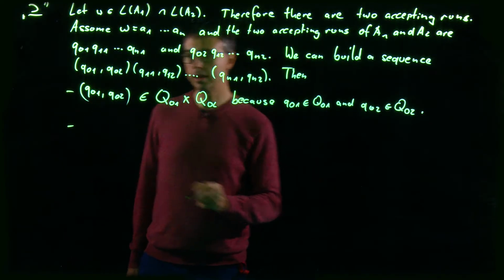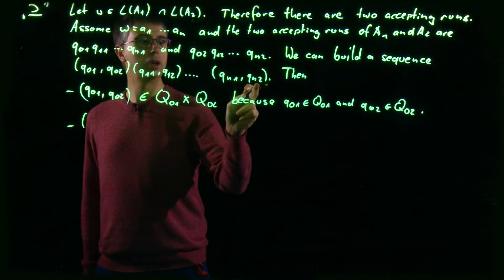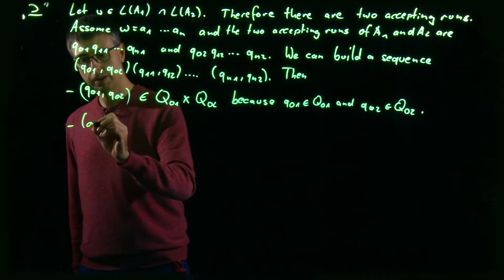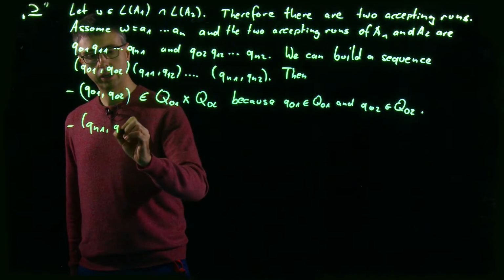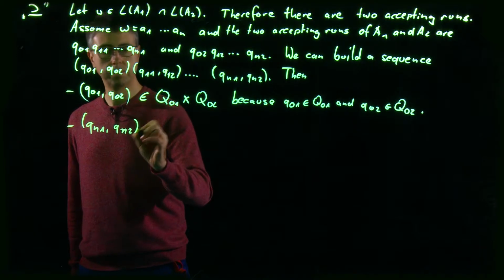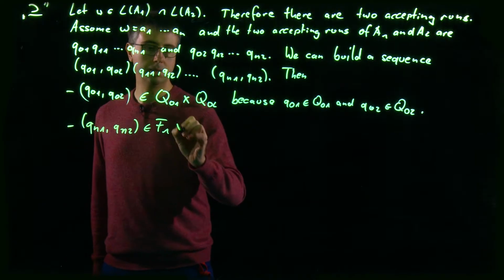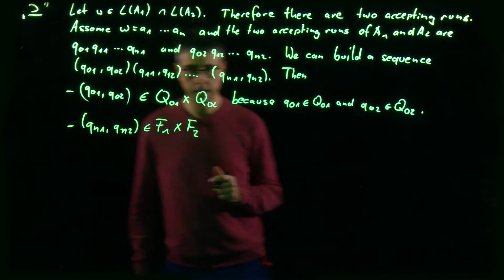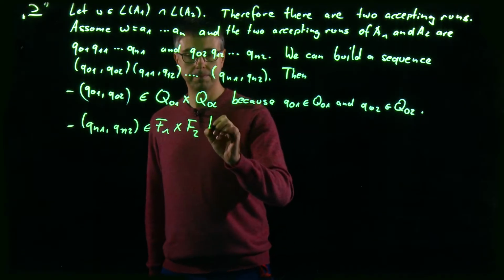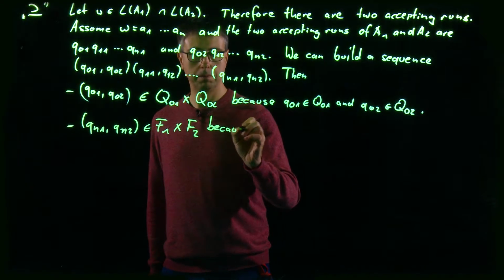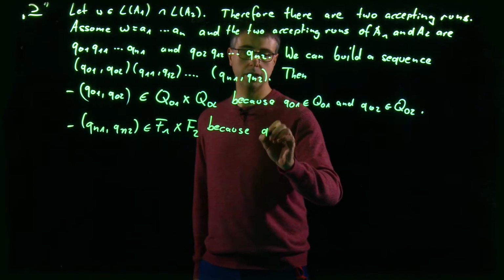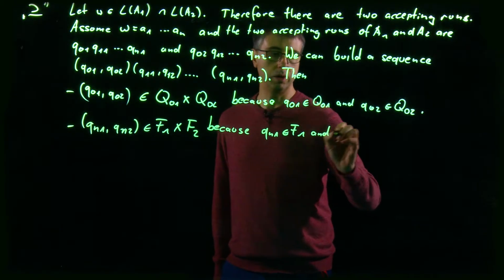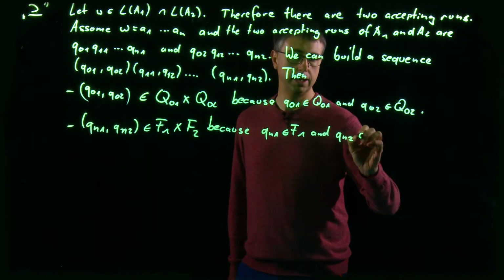Similarly, we know that q_n^1 and q_n^2 are in the Cartesian product of F1 and F2. Same argument, because we know that q_n^1 is in F1 and q_n^2 is in F2.